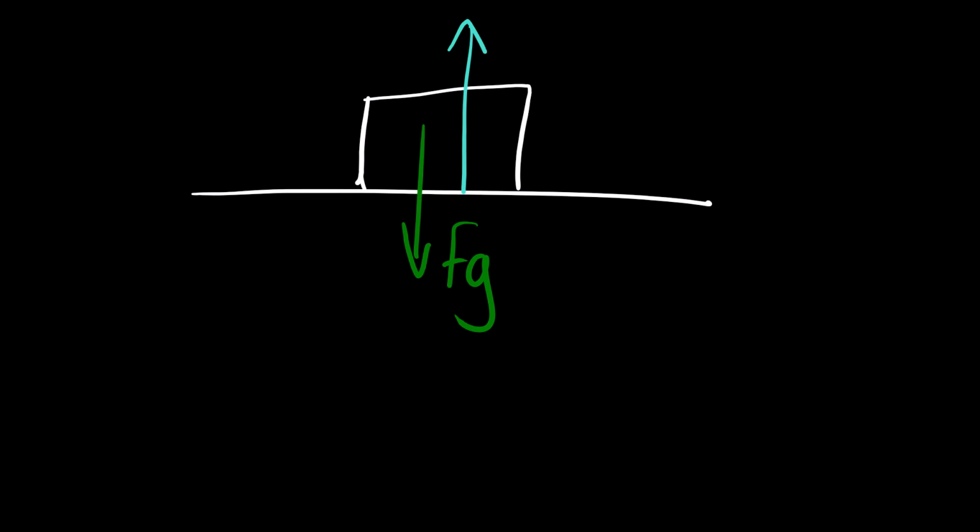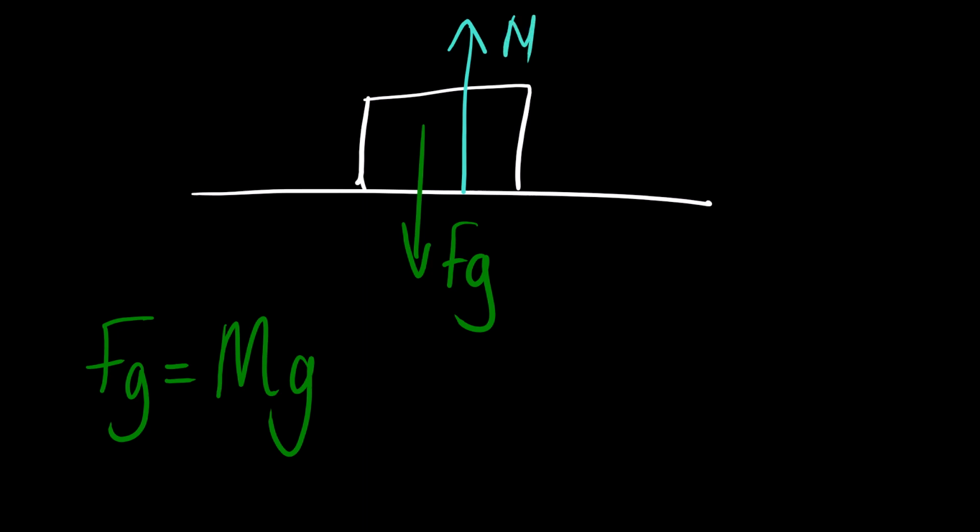Before we can get to normal force, the equation to calculate the gravitational force is the product of the mass of the object multiplied by the gravitational acceleration. Now, in this case, we can see that the normal force is oppositely directed force of gravitational force.